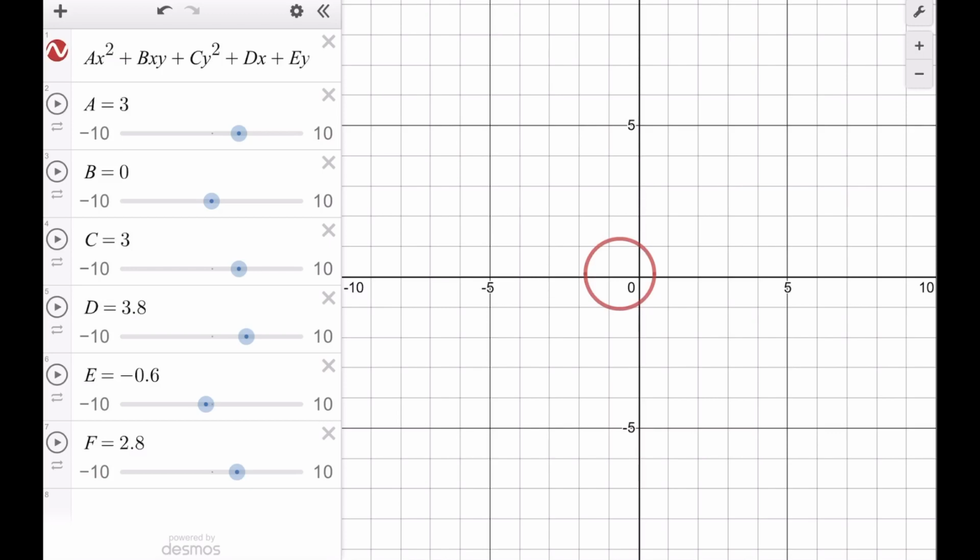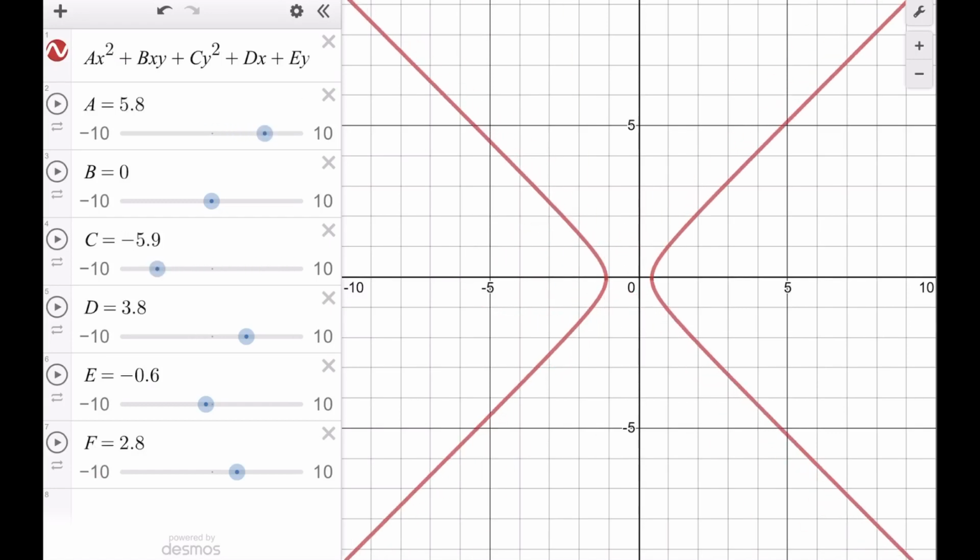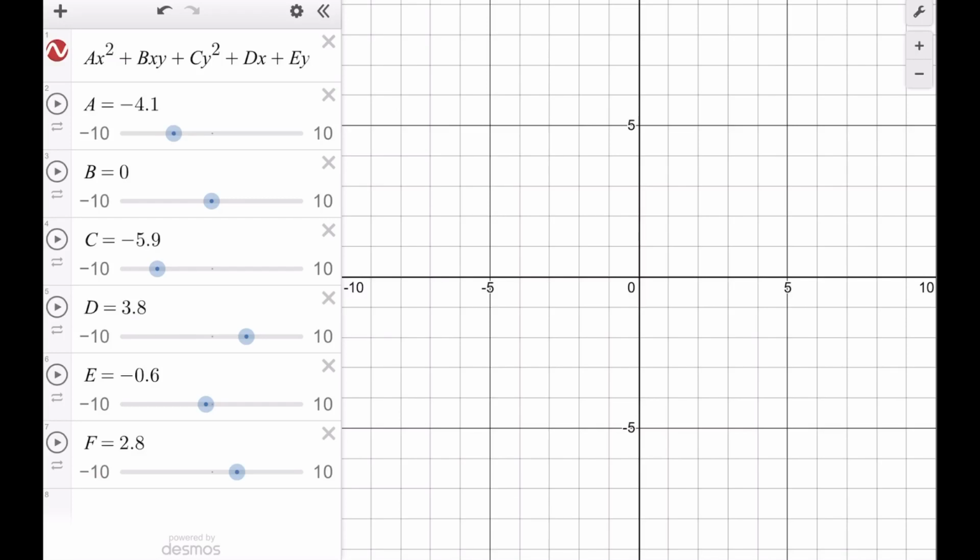And here we have an ellipse as long as both A and C are positive, or I have to just switch the sign of the F. Both A and C are negative, and like I moved F to be negative in this case, function values that make it work, then it can also be an ellipse and be negative. In a minute, I'll define this as A and C having to have a product that is greater than 0 for us to have an ellipse. All right, so there's the ellipse.